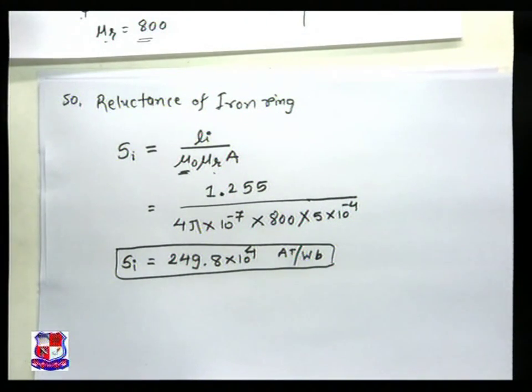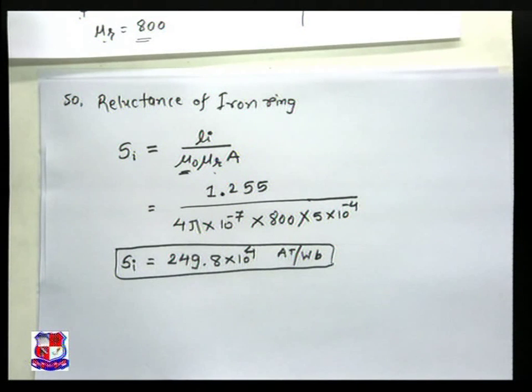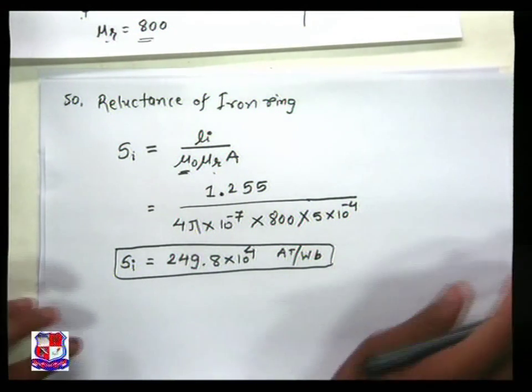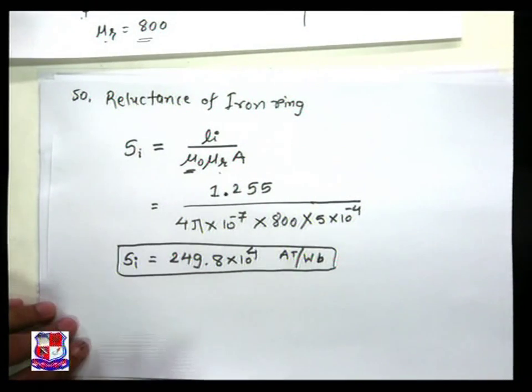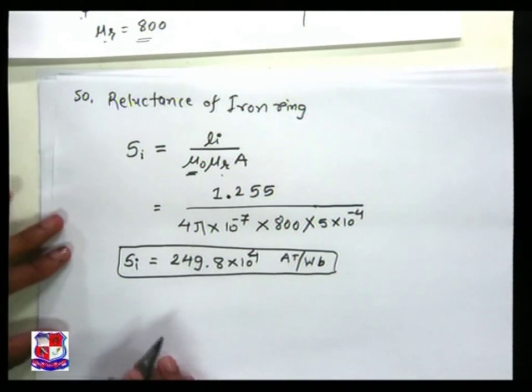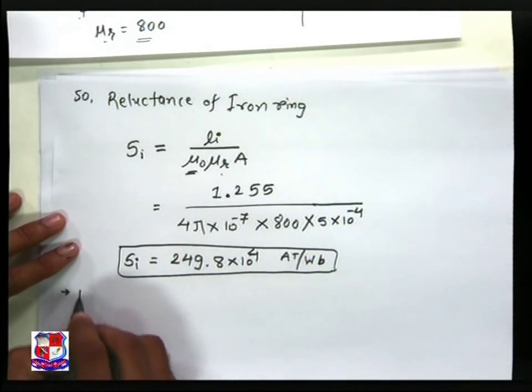Now similarly we go and find out the reluctance of the air gap. That is one type of resistance. We can say reluctance is a resistance for magnetic material. So we find out the reluctance for the air gap.